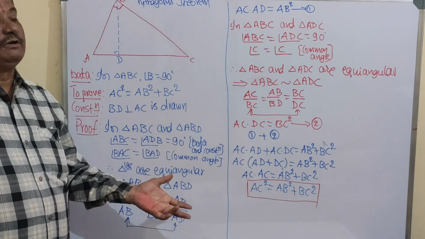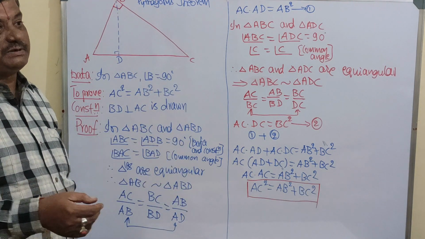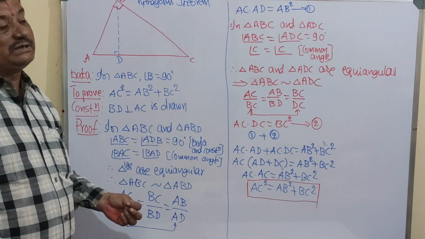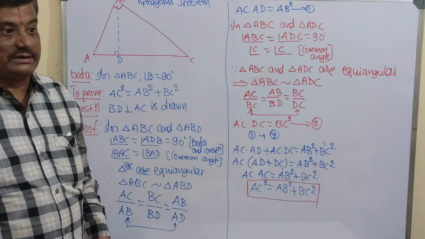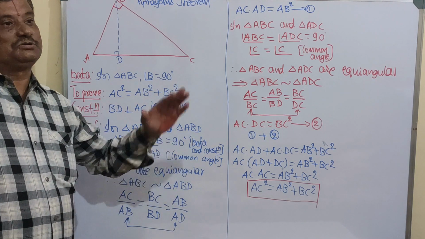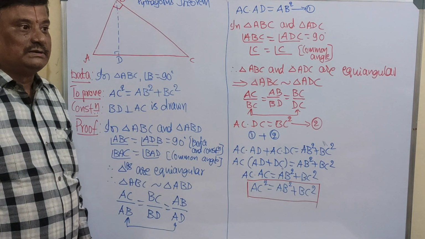They will ask for both the statement as well as the proof. They may also ask a question like this: name the theorem related to the right angle triangle. The theorem related to the right angle triangle is one and only the Pythagoras theorem.